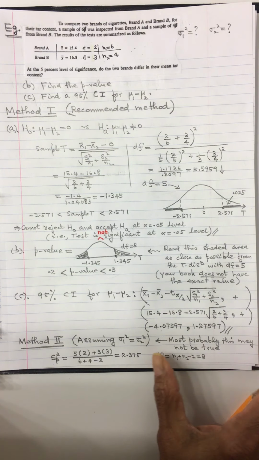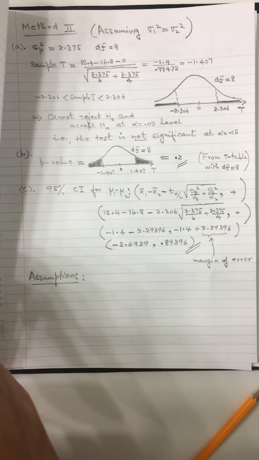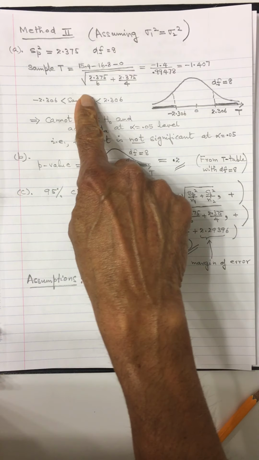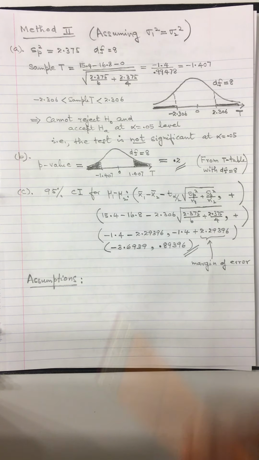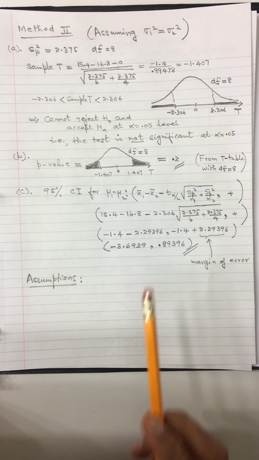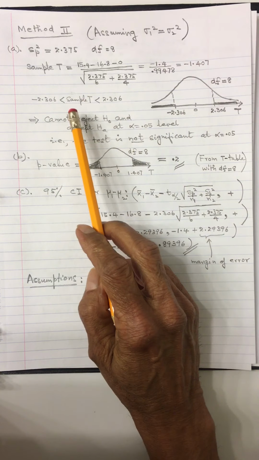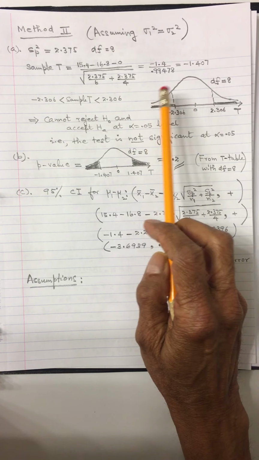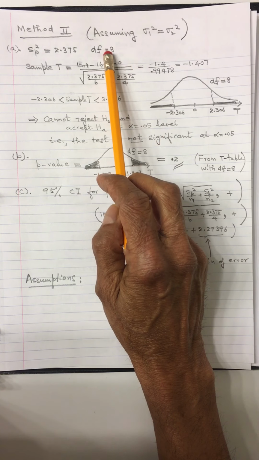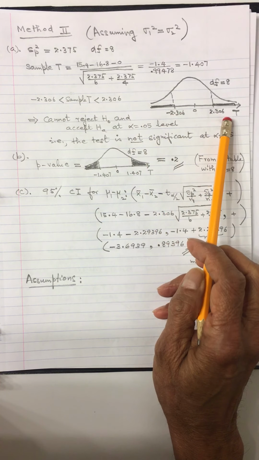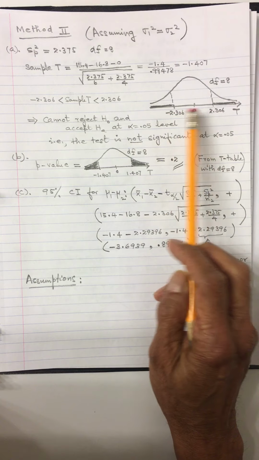So that will give you this t value. That's different from the other because we are doing it under this assumption now. So here is this value, but now the degrees of freedom is 8. You have got to take the t-table value from degrees of freedom 8, so it's going to be that.